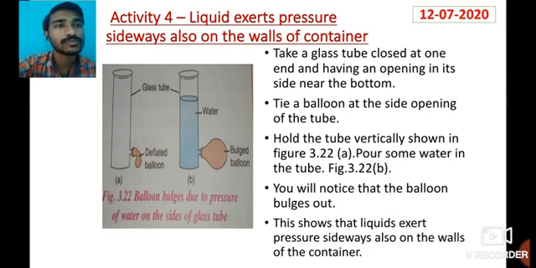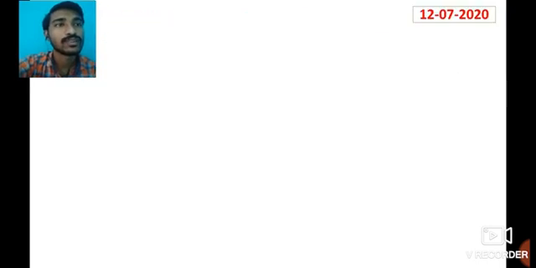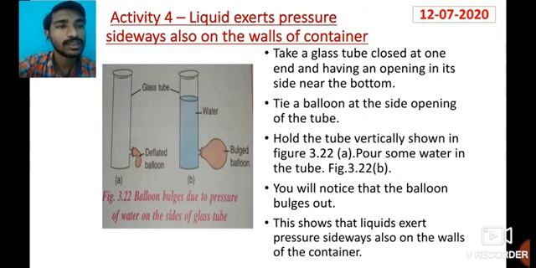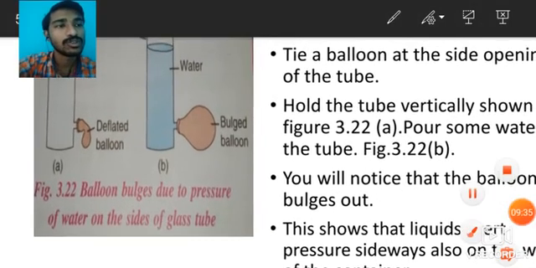What you understand from this experiment is that liquid exerts pressure not only at the bottom but also sideways, on the walls of the container. Students, you have to observe one thing.